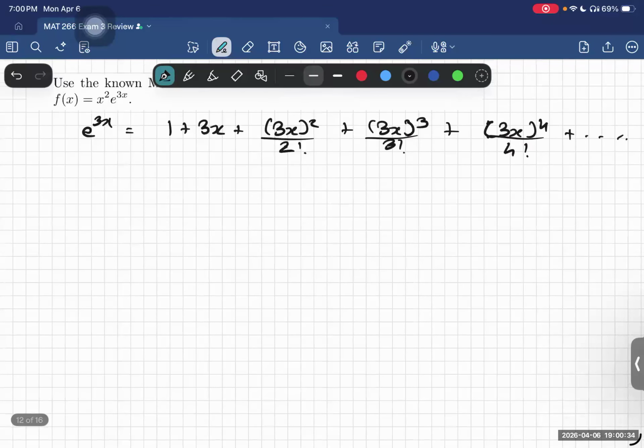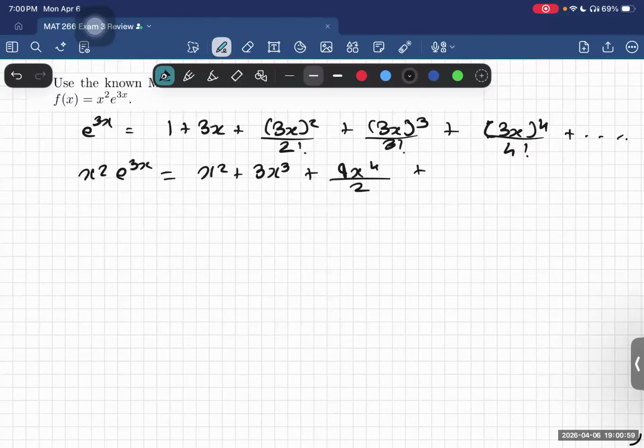Okay. Now, the thing that is asked is x squared e raised to 3x. So again, I'll just multiply x squared everywhere. So I'll get x squared plus 3x cubed plus, sorry, this is supposed to be plus 9x squared times 2 is 4 divided by 2 plus 27x raised to 5 over 3 factorial is, let's say, 9.